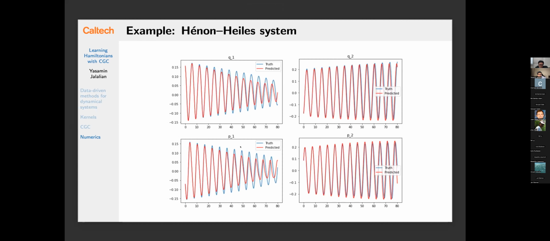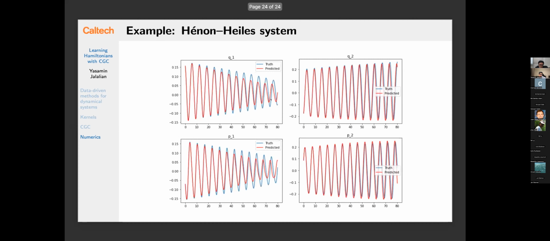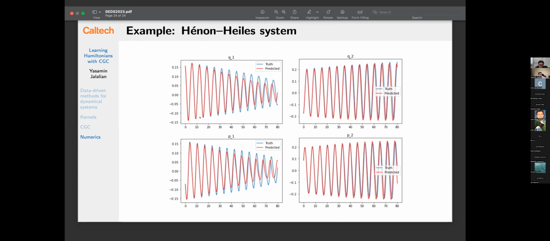But again, as we can compare, even until time 320, we still have a pretty accurate approximation. But for the Hénon-Heiles case, especially for Q1 and P1, we can see that they're not as accurate, even until time 80. But yeah, this is the current stage of the numerics.